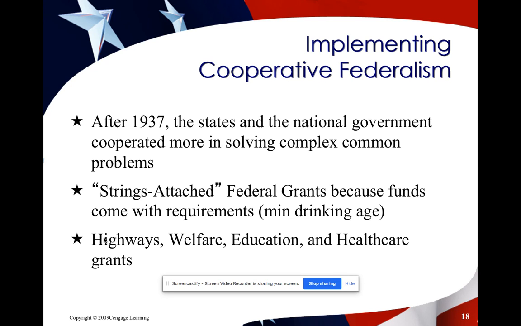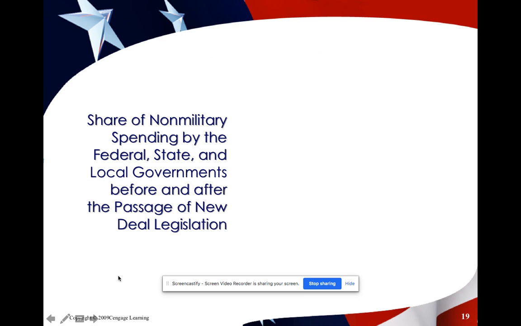A lot of times the federal government says, oh yeah, you want them, you have to do these type of things or adhere to these type of requirements or restrictions imposed by the national government. So that is what's helped increase the power of the national government.